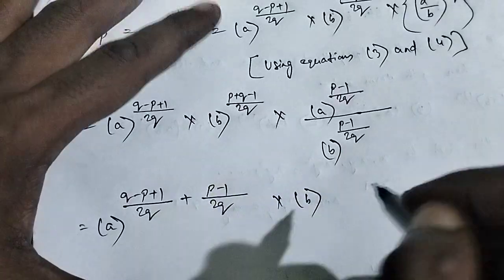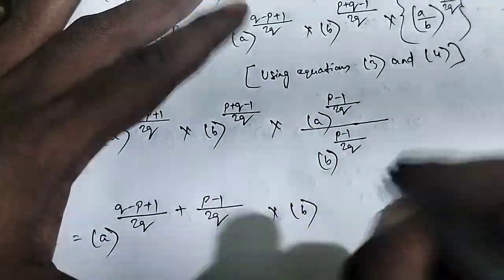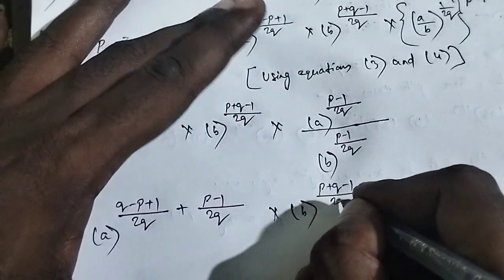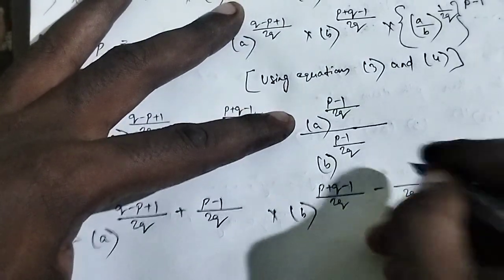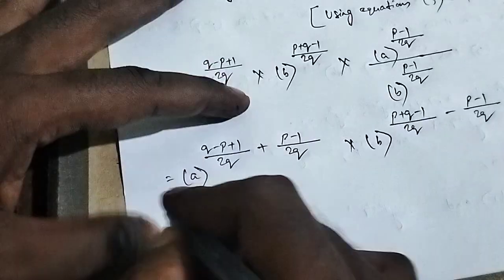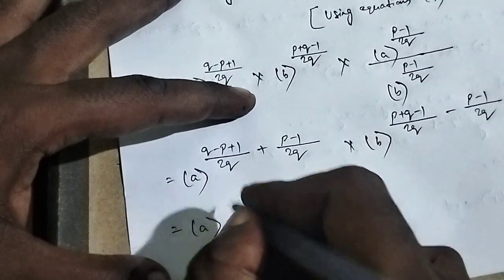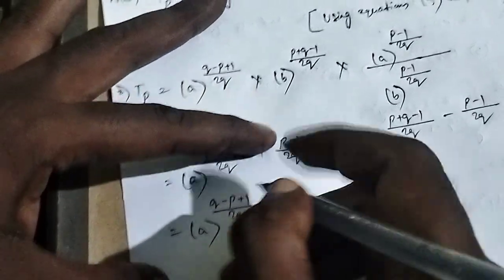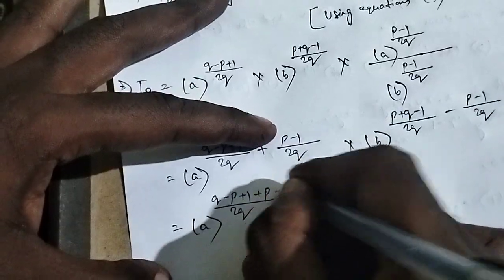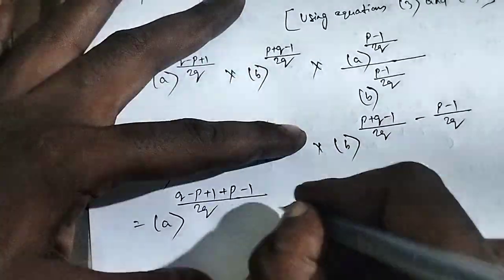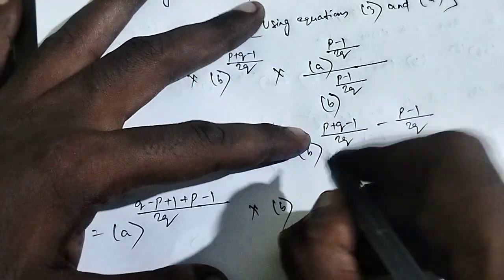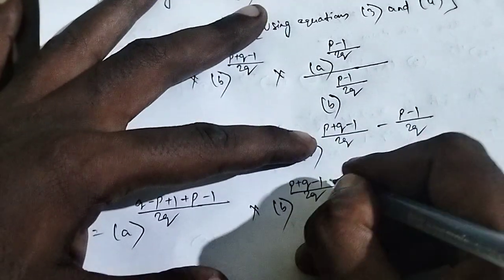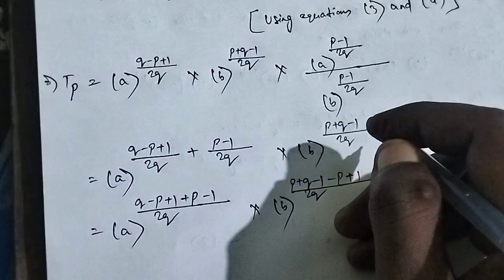In case of division, power gets subtracted when the base is same. Base is same, B, p plus q minus 1 by 2q minus p minus 1 by 2q. So it would be A to the power q minus p plus 1 plus p minus 1 over 2q into B to the power p plus q minus 1 minus p plus 1 over 2q.